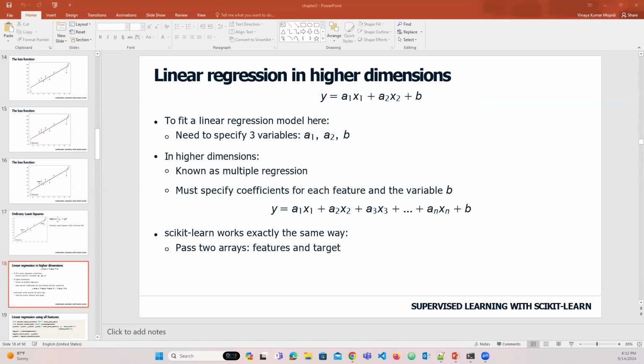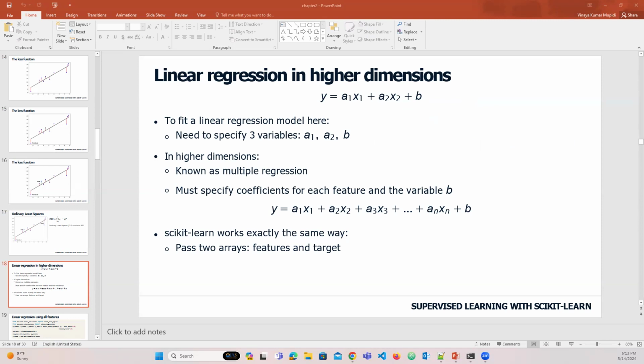When we have two features like x1 and x2 and one target variable, a line takes the form y is equal to a1 x1 plus a2 x2 plus b. So it fits the linear regression model.